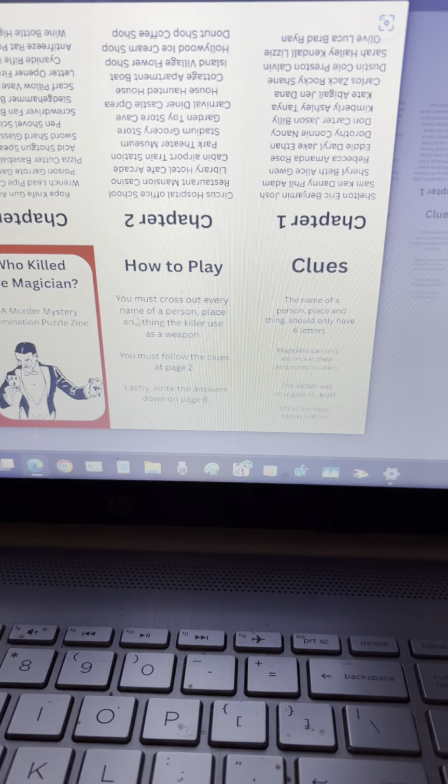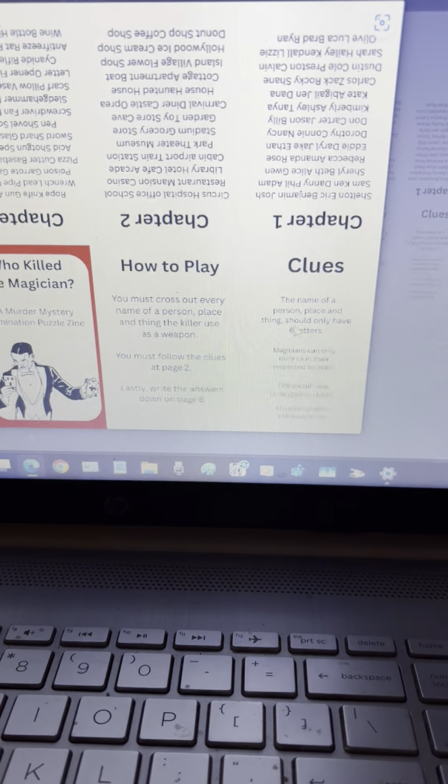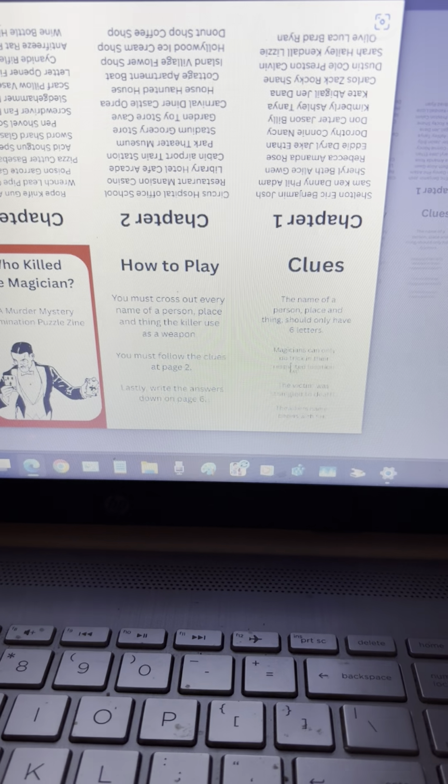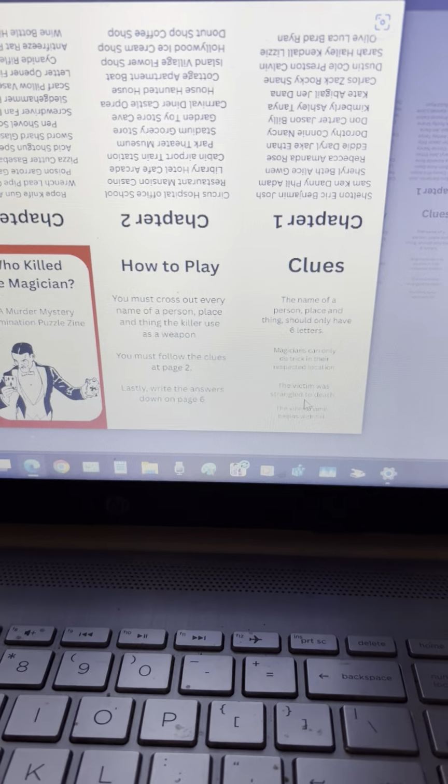And then we have the clues, which contain certain things that you should know about what the killer could or could not be. For example, the name of a person, place, and thing should only have 6 letters, and so on and so forth.